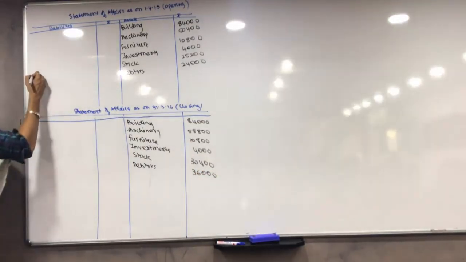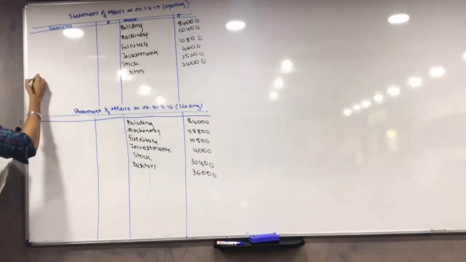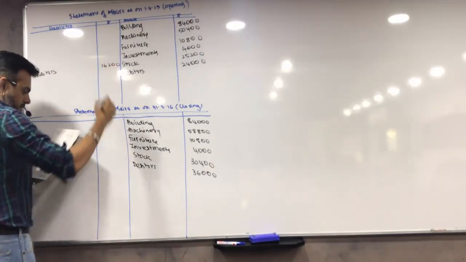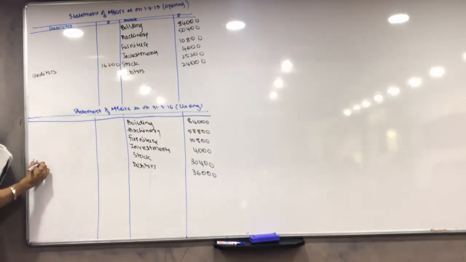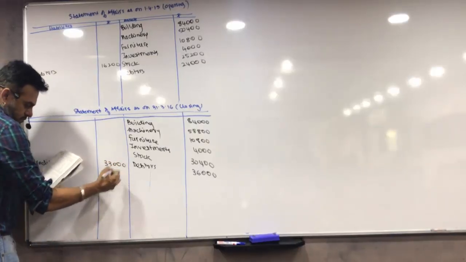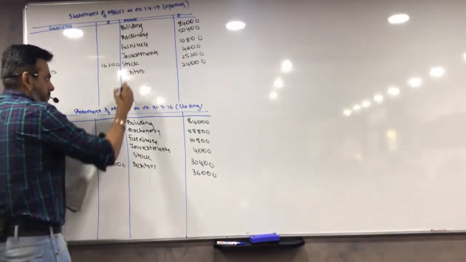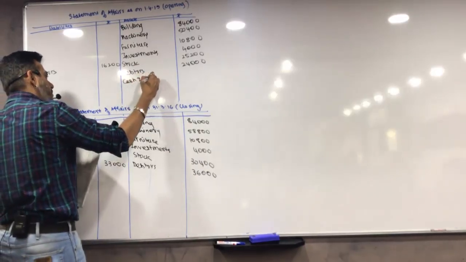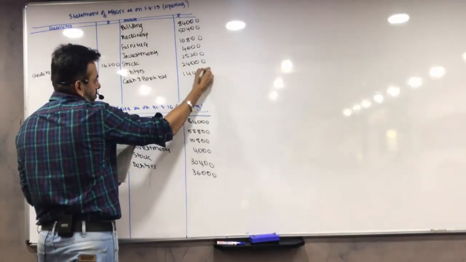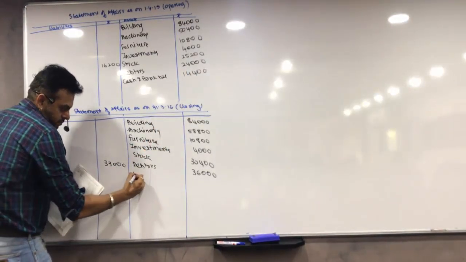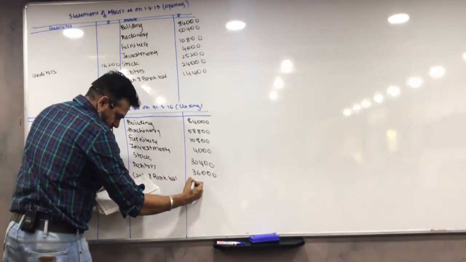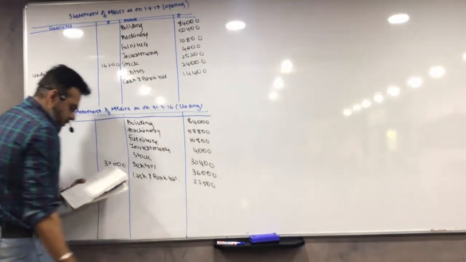Creditors liability, 16,200. 33,000. Cash and bank balance, 400. 22,500.